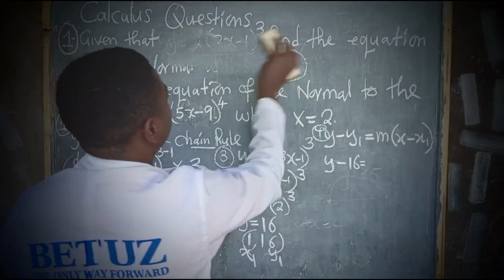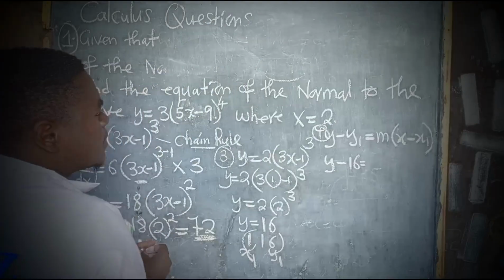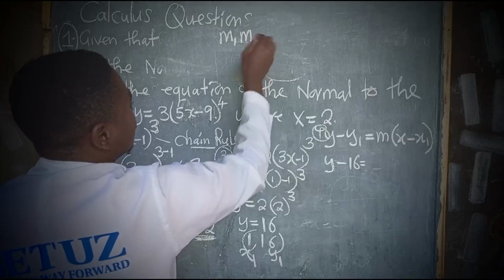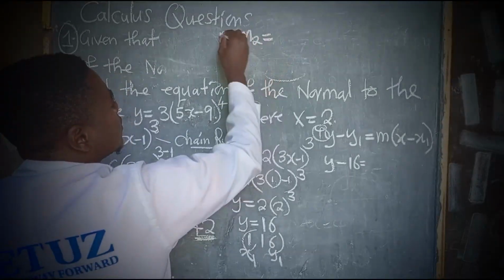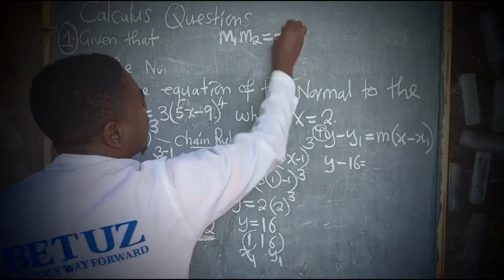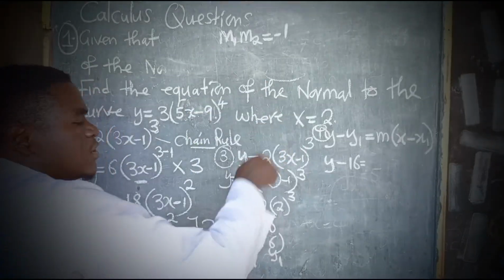So let me write on top there, since we know the gradient. What I'm saying is that gradient 1 and gradient 2, the equation of the tangent and the equation of the normal, if we multiply their gradients, we get -1. We are interested in gradient 2.